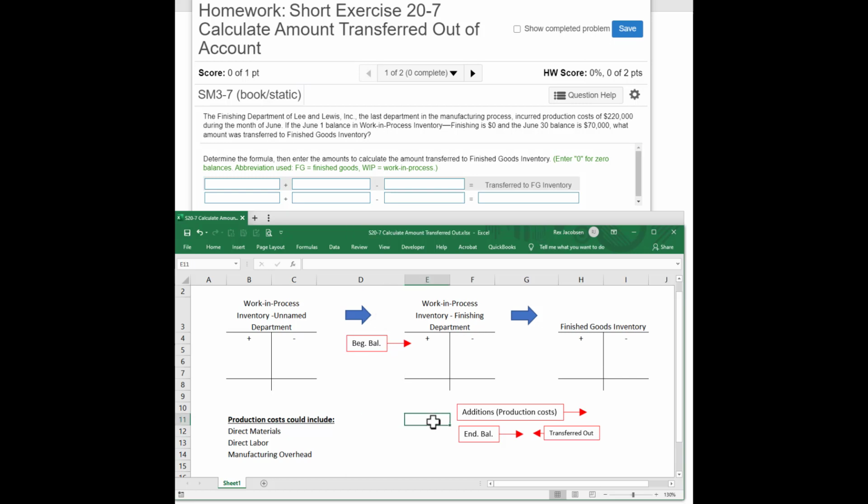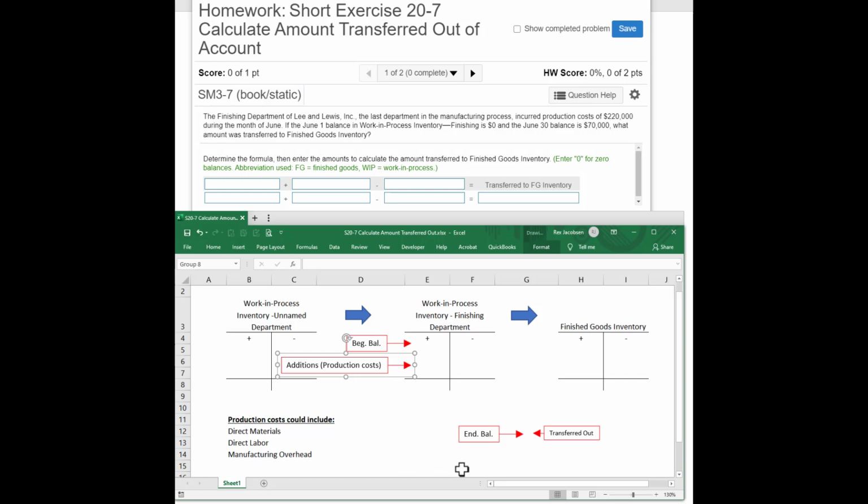And then let's say we have some costs that were added to the department. Where would they go? Additional costs, also called production costs, would go on the plus side. And what could these additions or production costs be? They could involve direct materials, direct labor, and or manufacturing overhead.